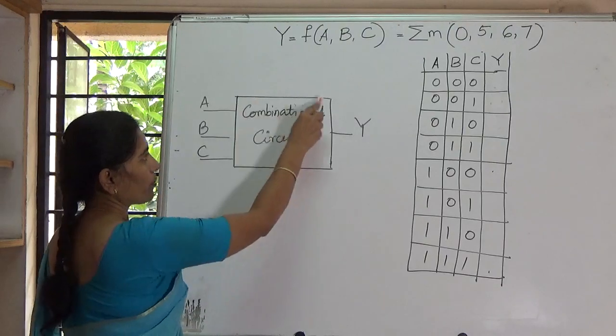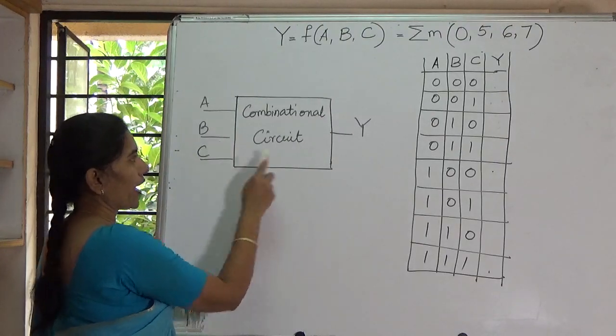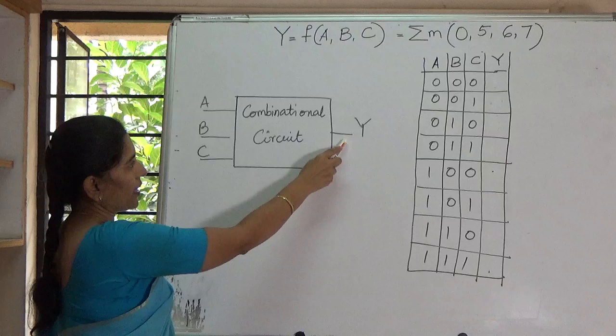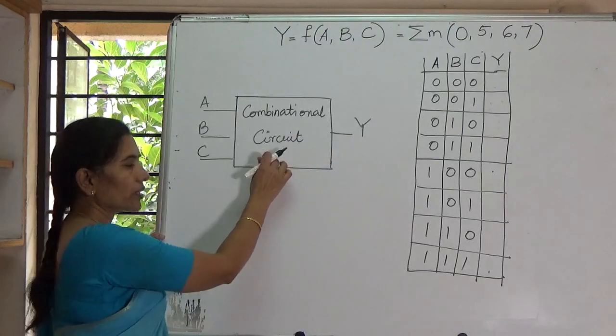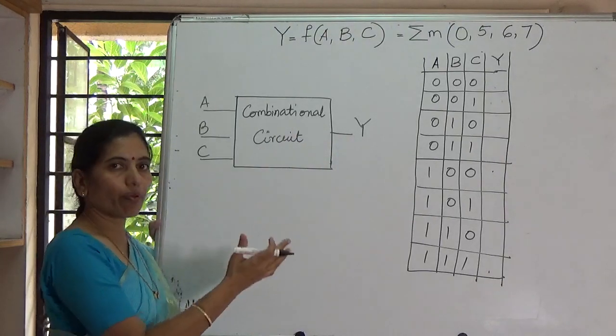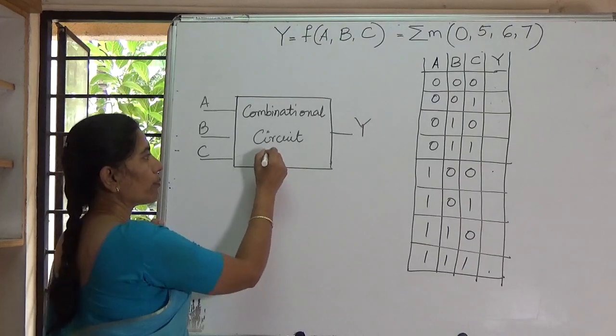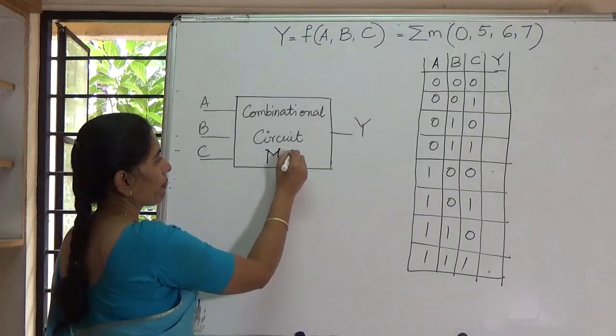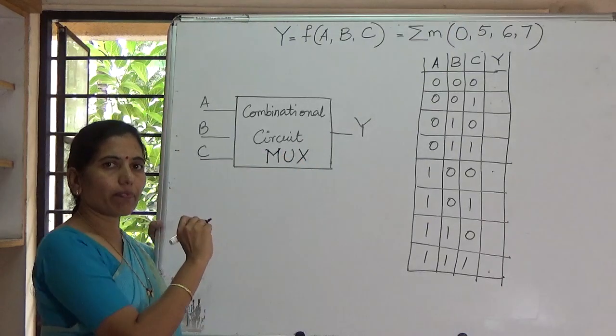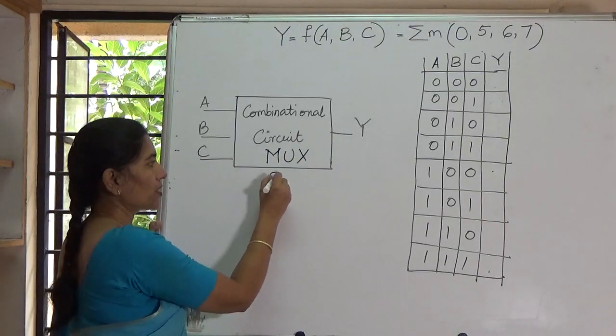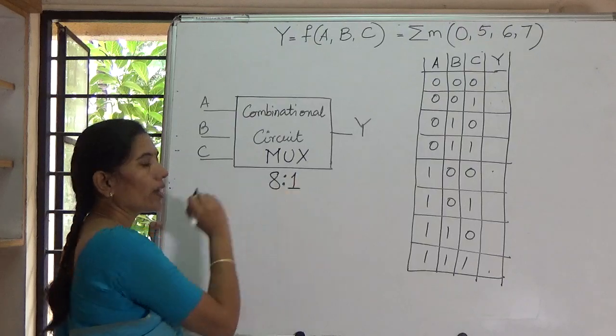So we have this combinational circuit with 3 inputs and 1 output Y, and we want to implement this particular circuit not with the help of logic gates or universal gates, but using a multiplexer. We will first implement it using an 8:1 multiplexer.